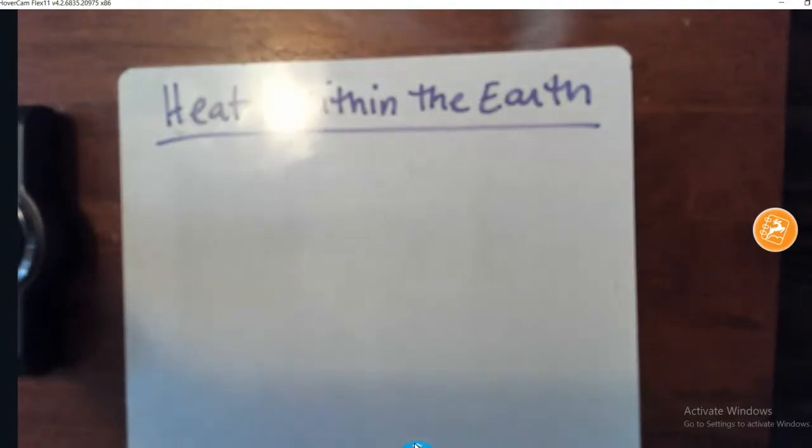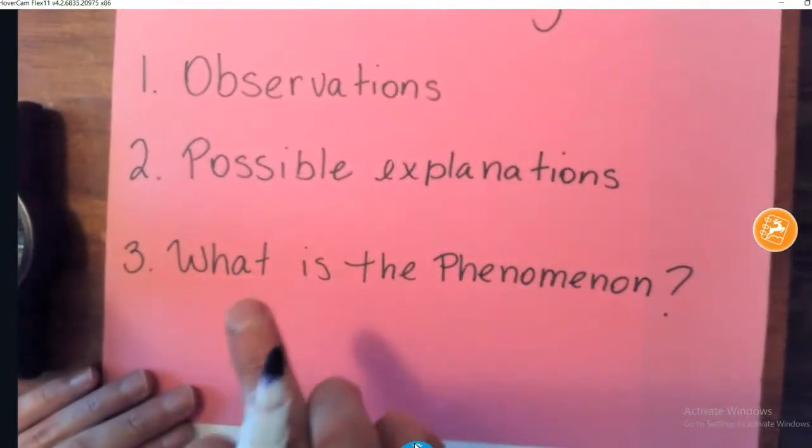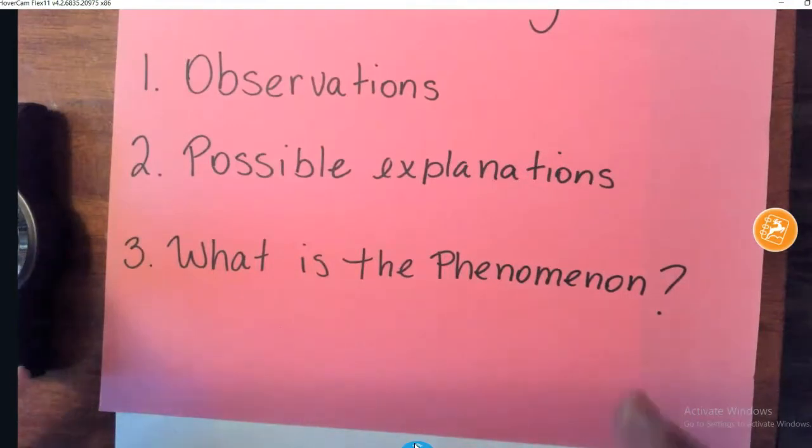Alright, so then let's begin. I have my observations, right? I made possible explanations. I found the phenomena. So those are the three things. I made observations, I made some possible explanations, and I know the phenomena is heat within the earth.